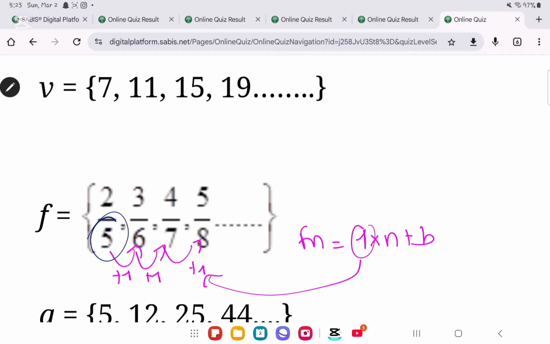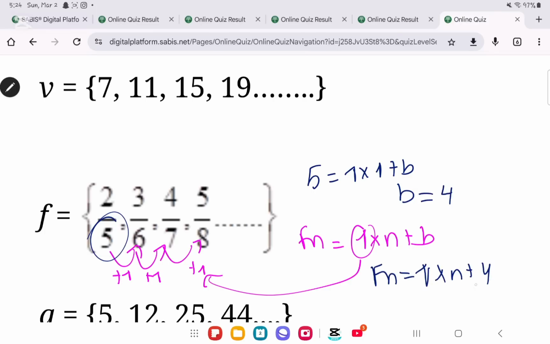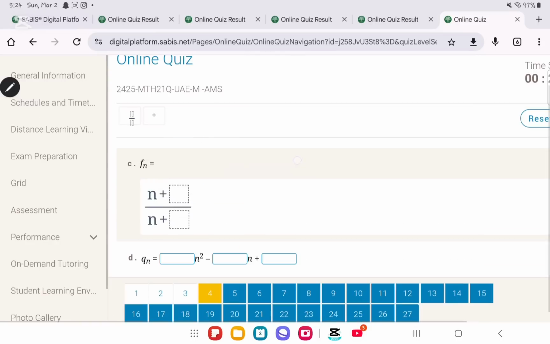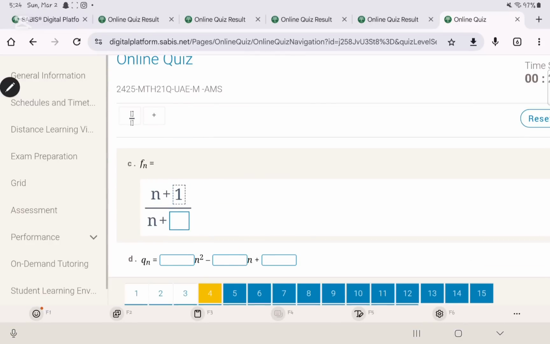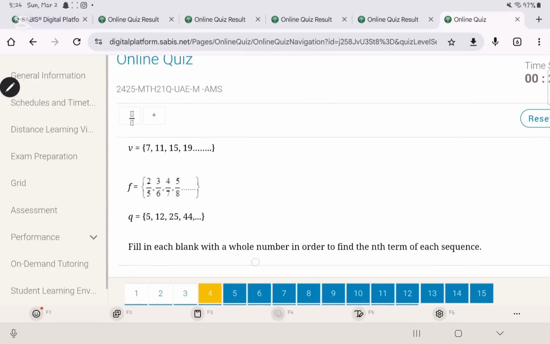Let us take this: 5 is equal to 1 times 1 plus b. So you're going to get that b is equal to 4. So now fn is equal to 1 times n plus 4, or very simply n plus 4. And put them over each other, you will get n plus 1 over n plus 4.